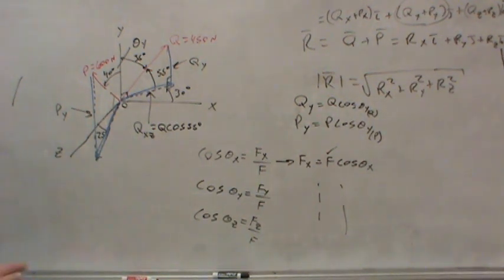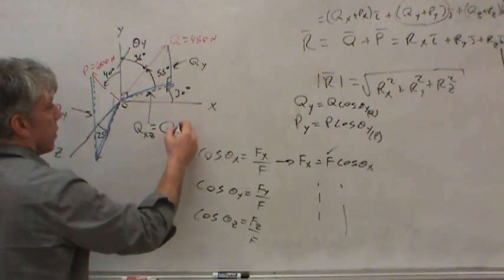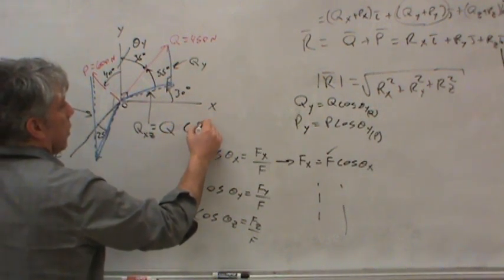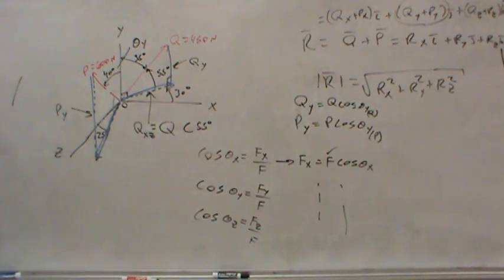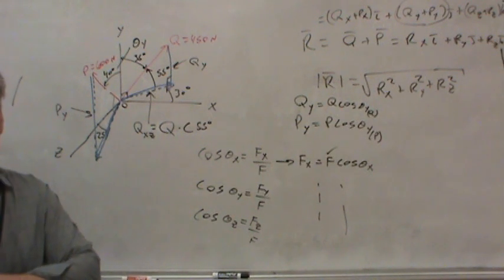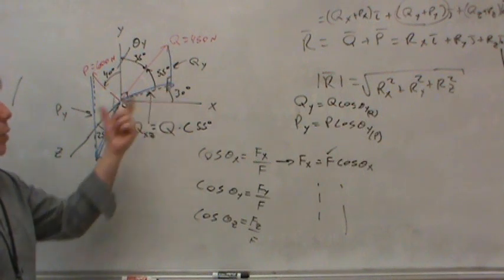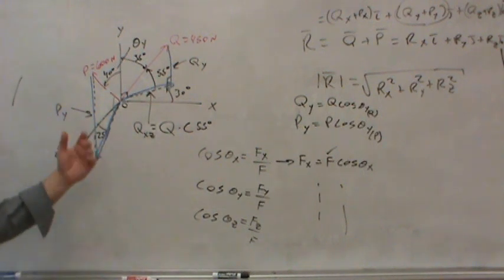By the way, one thing I commonly do is I abbreviate cosine as C, so I write this Q cos 55 degrees like that. Okay? Now wait a second. You've been playing with right triangles for quite a while now, right? You know that you usually use sine and then you use cosine, or vice versa. Use the two. How is it that I'm getting a vertical component here and what is essentially a horizontal component by using only cosines? What's going on?